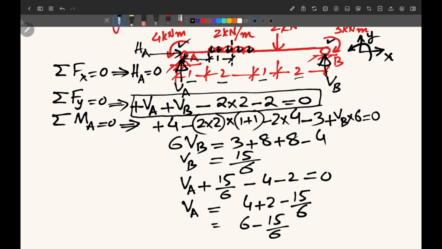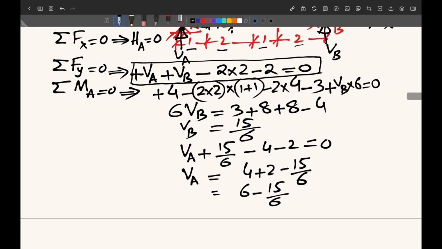So we get this value as 36 minus 15 upon 6, which is 21 by 6. So VA is 21 by 6 and VB is 15 by 6.